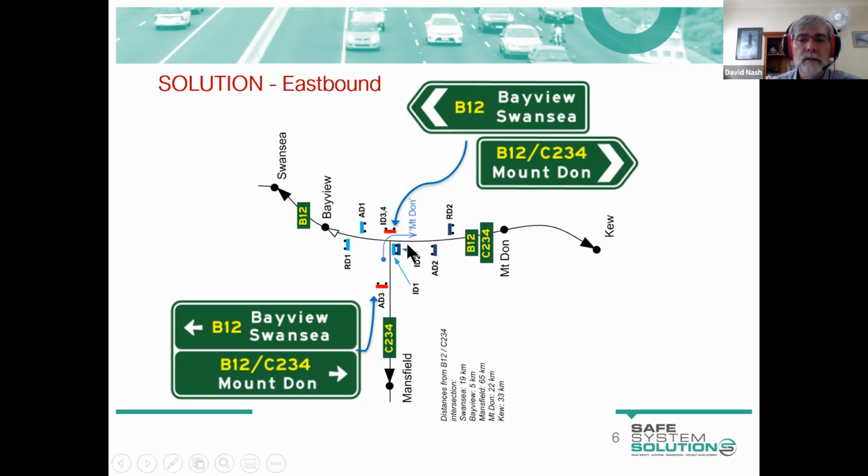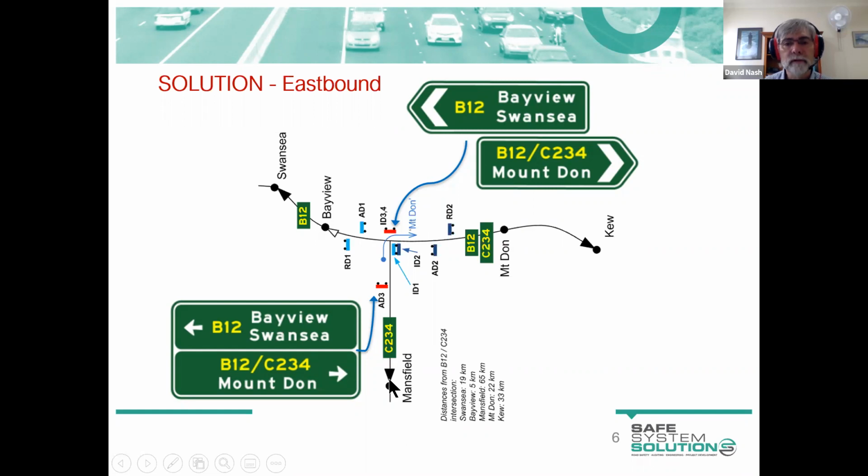And the reason might be, I think in this case, Mount Don is how many kilometres away? 22 kilometres away. But it's more likely that you would have this situation if Mount Don was reasonably close, like within a kilometre or two.